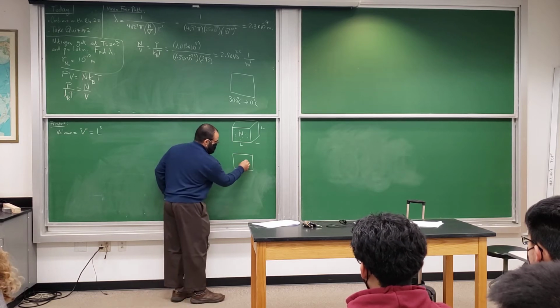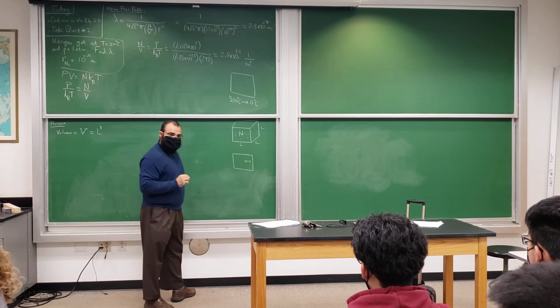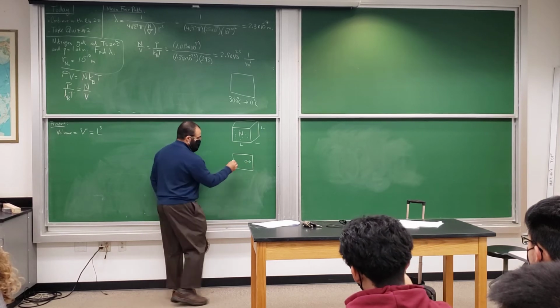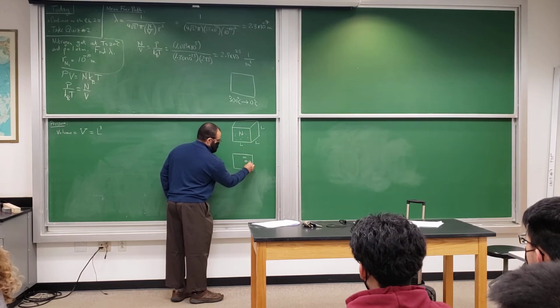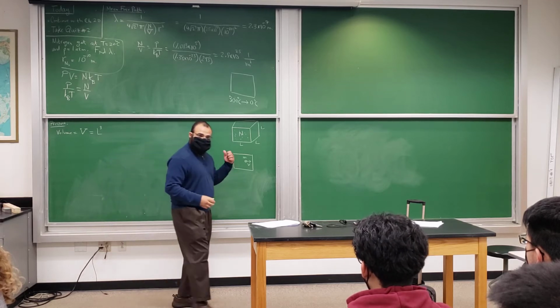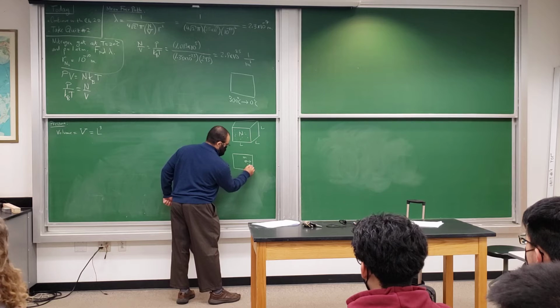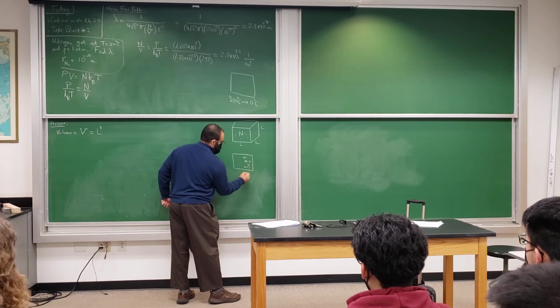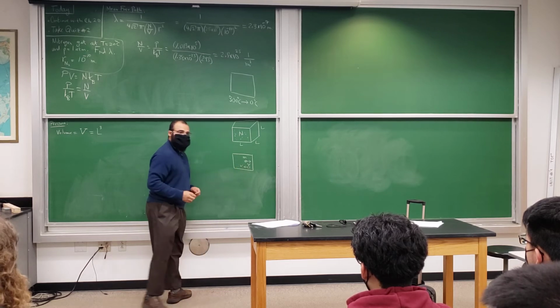Let's take a gas molecule that's moving this way. Just one molecule for now. It has a mass m, and it's moving at speed v. It will hit the side and then bounce back with the same speed v.